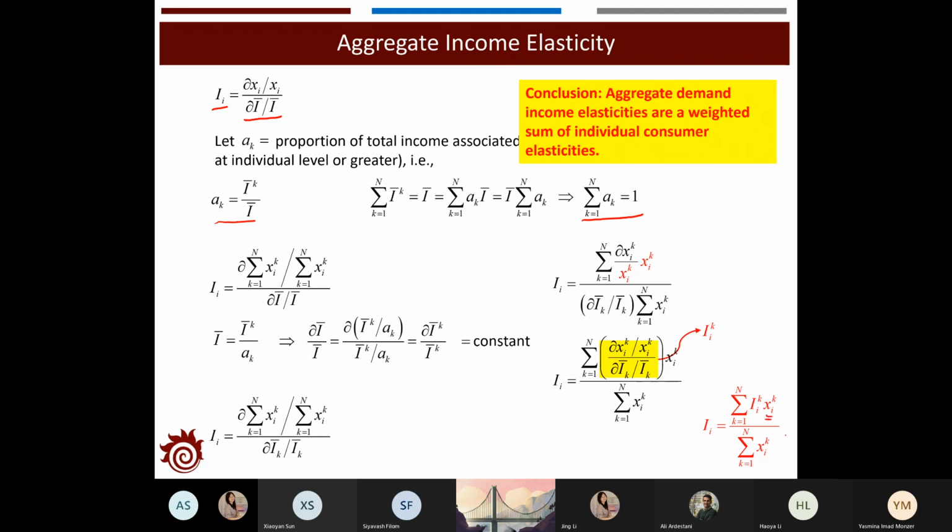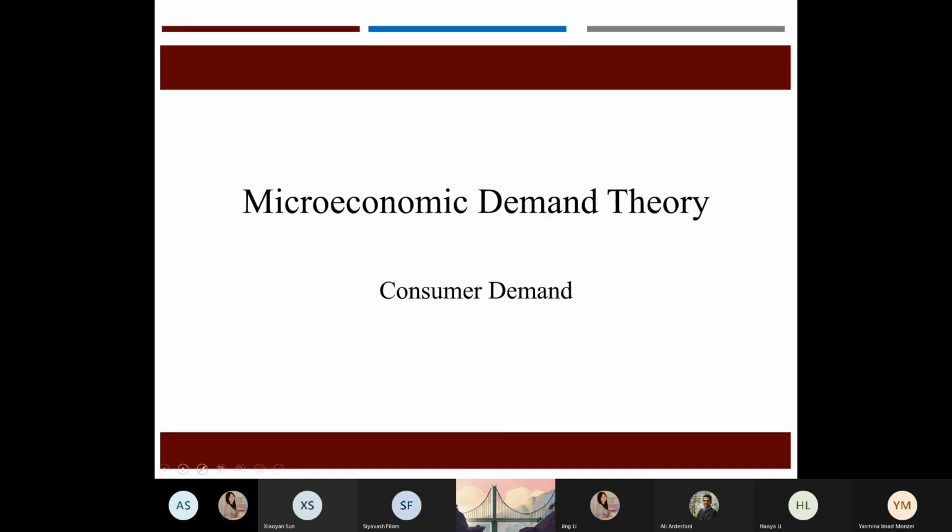The weight is also determined by the amount of the product purchased by each individual consumer. So those are the two features about the elasticity that show the relationship between the market demand theory and consumer demand theory.